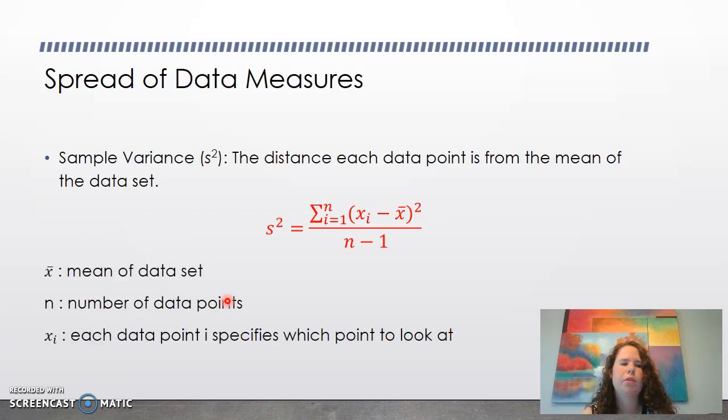Another spread of data measure is our sample variance, which is denoted as S squared. The sample variance measures how far each data point is from the mean of the data set. We know that X bar denotes the mean, N is the number of data points in the set, and Xi is each data point, I specifying which point to look at.